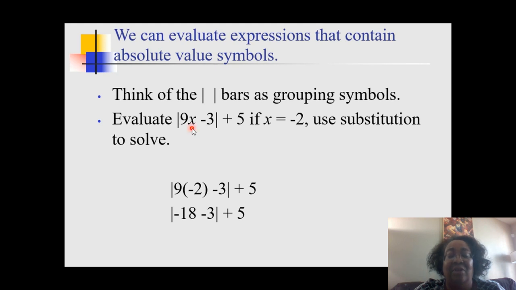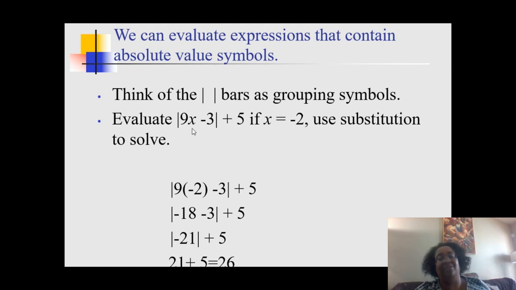Well, eventually you'll get a positive 21, but you're going to get -18 minus 3, which is -21. And then the absolute value of -21, once you've evaluated what's inside, it's going to give you the whole number 21 that you're going to add to 5. And then when you take that 21 and add it to 5, you're going to get 26.